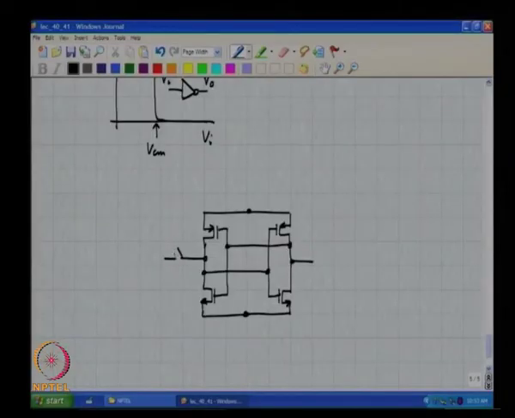So, you need two switches which will disable the connections to the input of the latch, all right. So, let us call this phi 1.